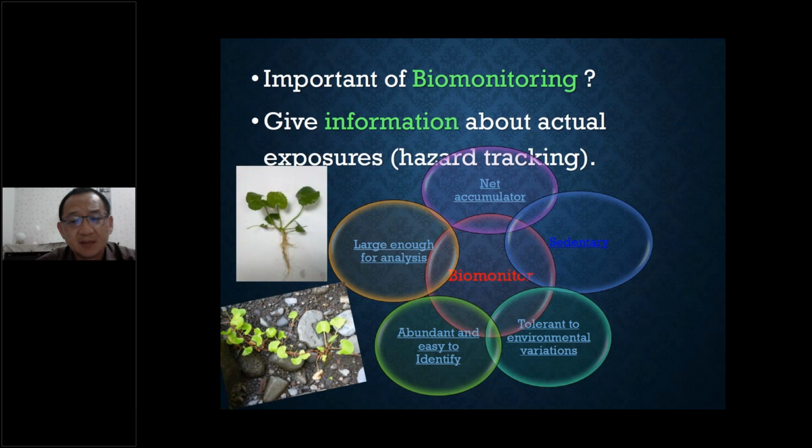A biomonitor is a net accumulator of pollutants, large enough for meta-analysis, abundant, easy to identify, tolerant to environmental variations, and of course sedentary after it grows in a specific area.